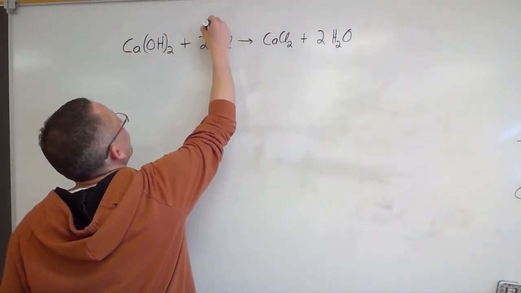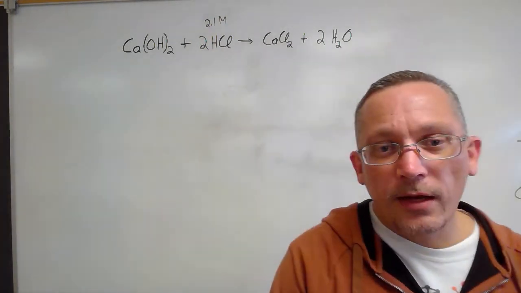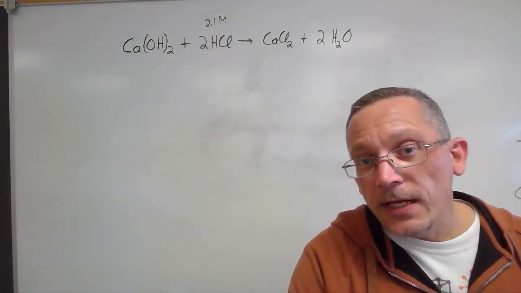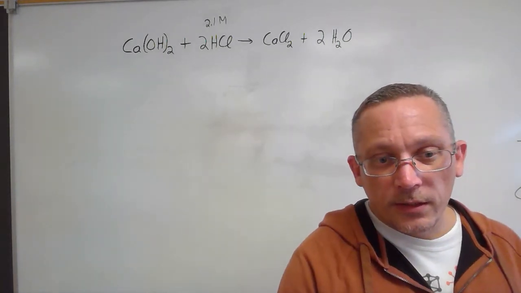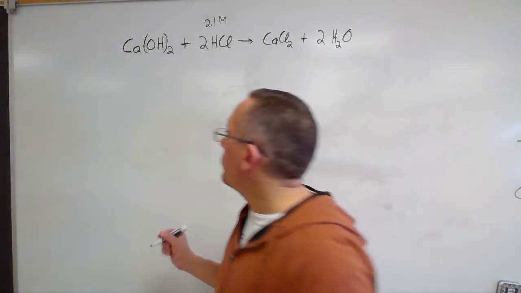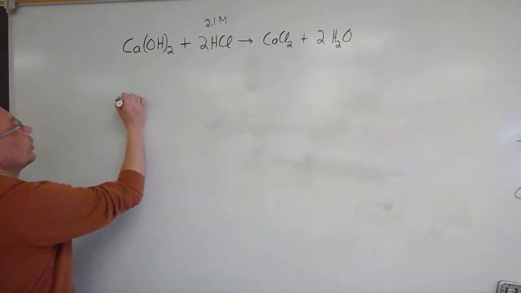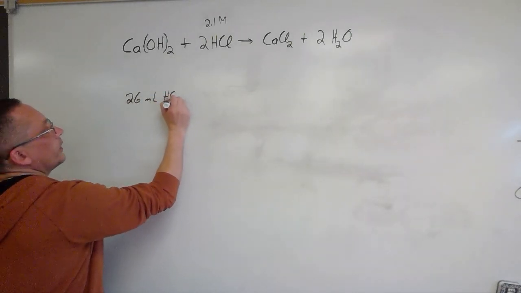So 2.1 molar. I'm just going to note that so that I have it in the back of my head. Okay, now the number it gave me that I can start with is 26 milliliters. And that's 26 milliliters of the HCl. So I'm going to start with 26 milliliters of HCl.